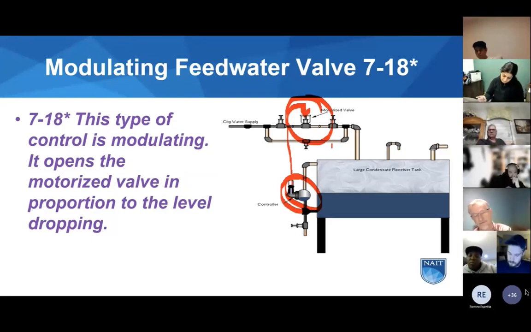So it's different than a solenoid valve. Solenoid is electrical, turns on, opens the valve, turns off, closes it. Modulating control valve is an electric motor that will open the valve to 10% or 25% or 50% or wide open when needed.